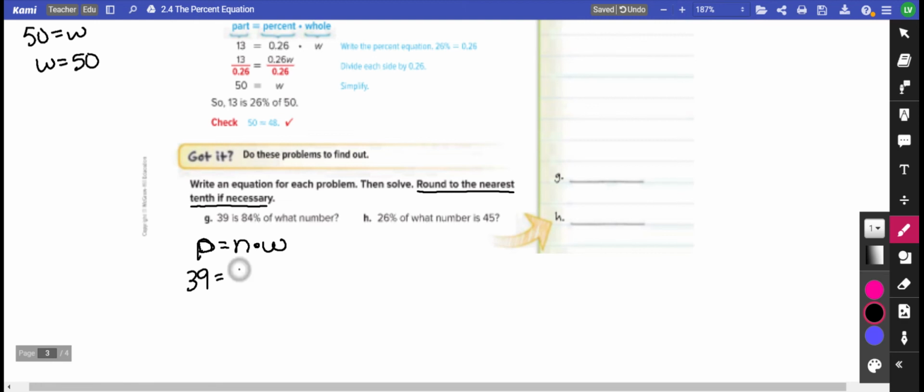39 is 0.84 times our whole. Now I'm going to go ahead and divide both sides by 0.84 to get my W by itself.